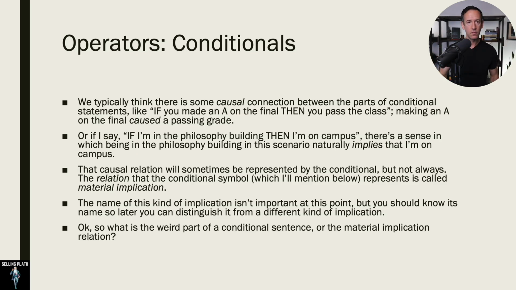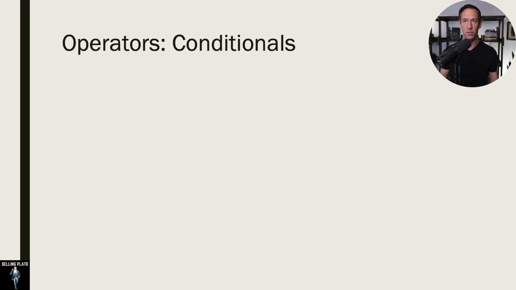Okay, so having said all that, I pointed out that there are weird aspects to the conditional. Weird in the sense that they don't follow the English ordinary usages like you might be used to. So what is the weird part of a conditional sentence that I've been referring to, or what we call the material implication relation?